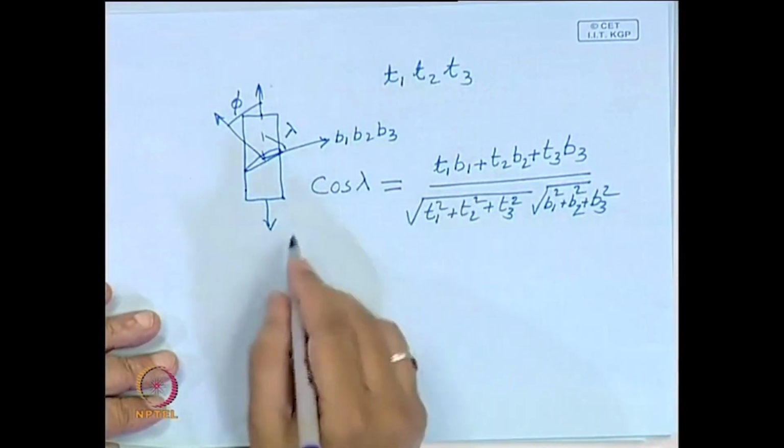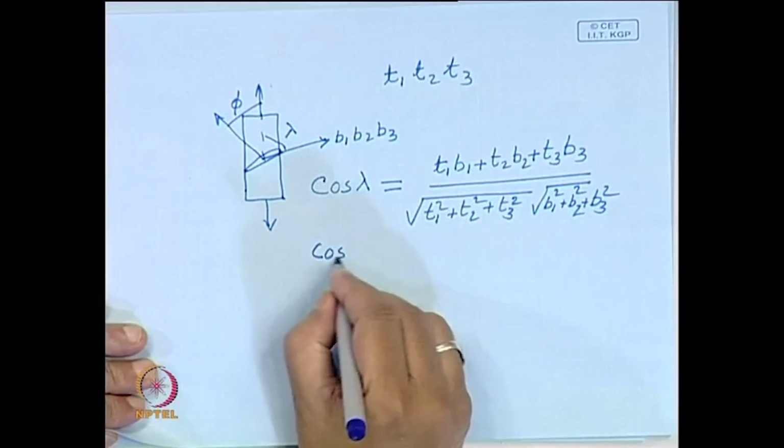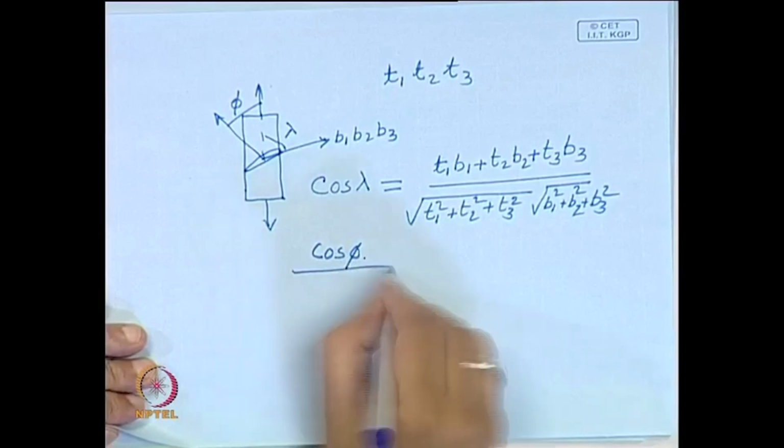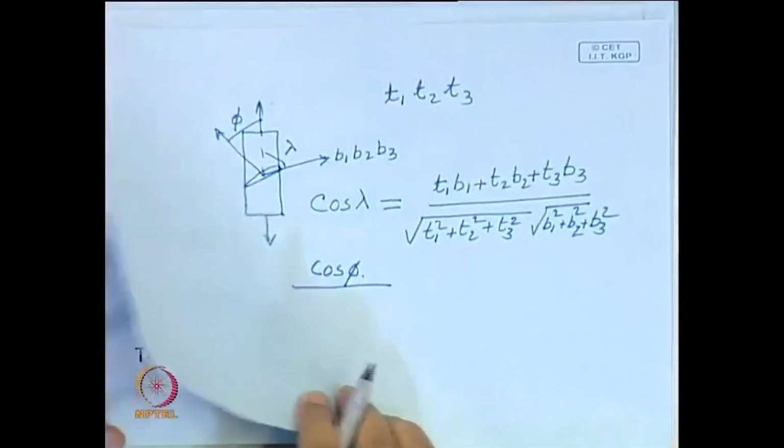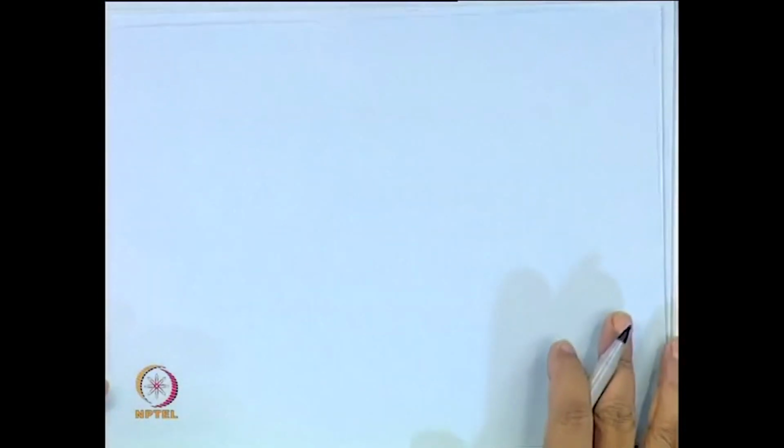Now, once you do that, in the same way you can also find out cos phi. So, what you need to do is set up a table, and this can easily be done on a spreadsheet, Excel.